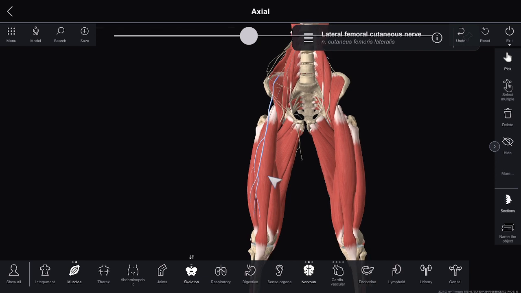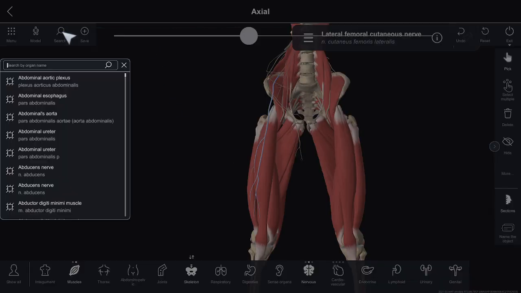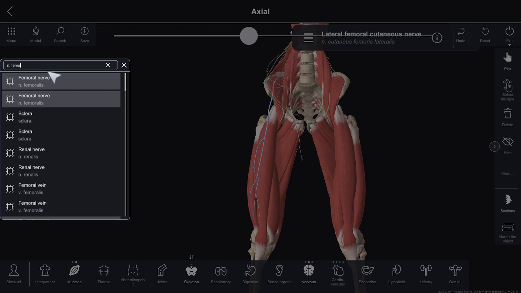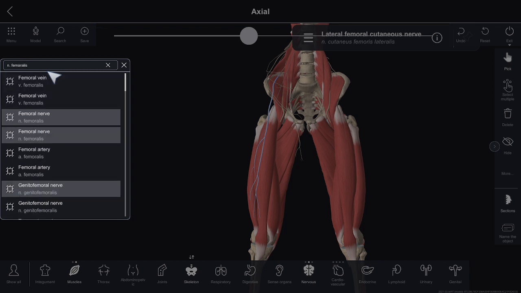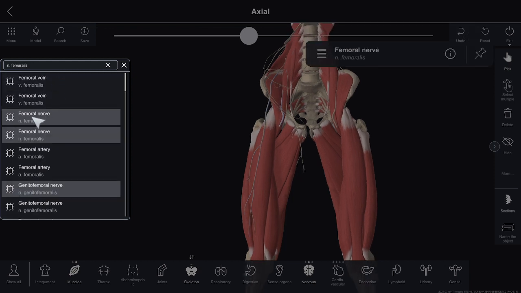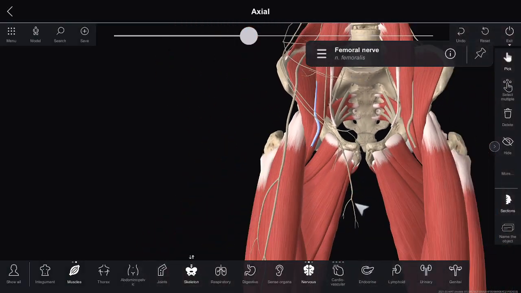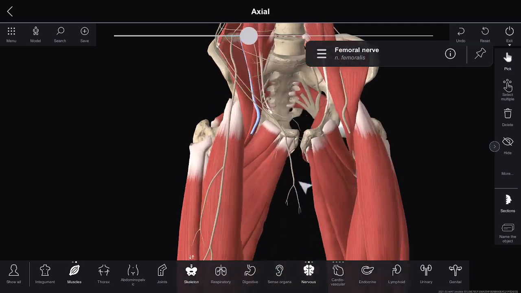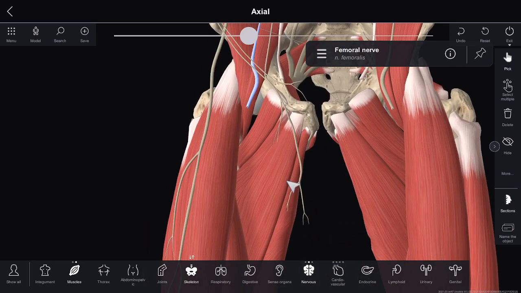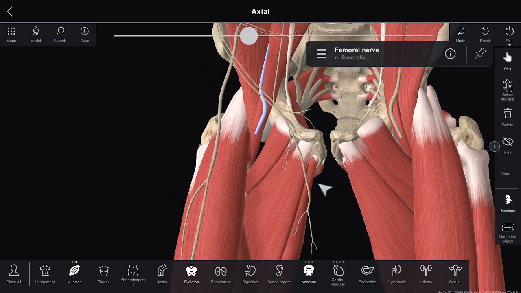What else? Next is femoral, nervus femoralis. Let's find. In between the muscles.